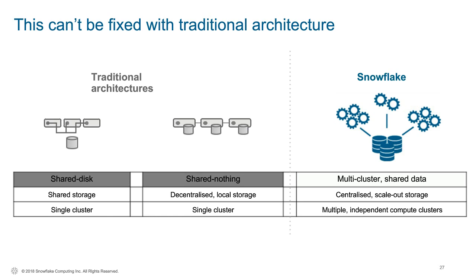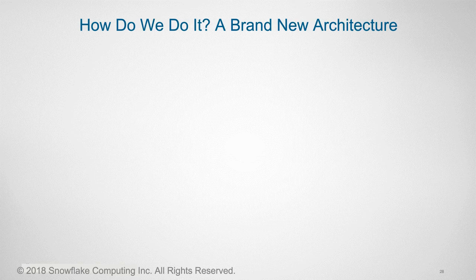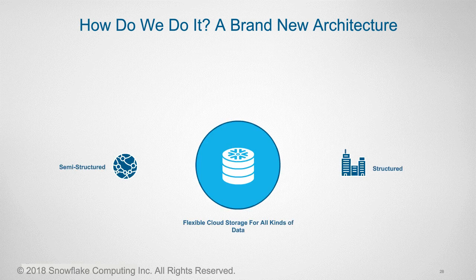So how that looks is, a new architecture allows us to build from the center, from our cloud storage layer. This layer sits on top of the blob storage layer on top of vendors like Amazon or Microsoft Azure.